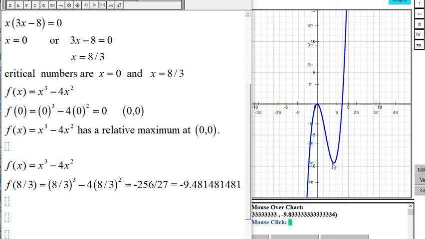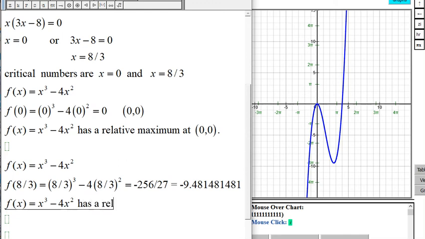And if we look at the graph right here, going from here to here, that's negative 10. So that's about negative 9.48.